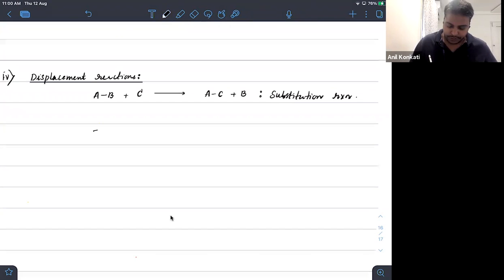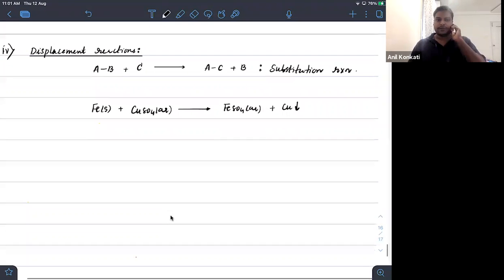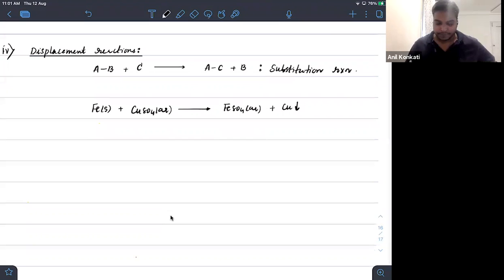So for instance, if we take Fe plus CuSO4 aqueous, and if it becomes FeSO4 aqueous plus Cu, if it gets reduced this way, we say it has undergone displacement.